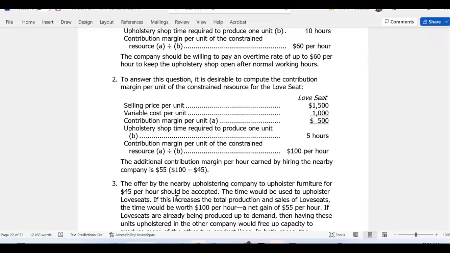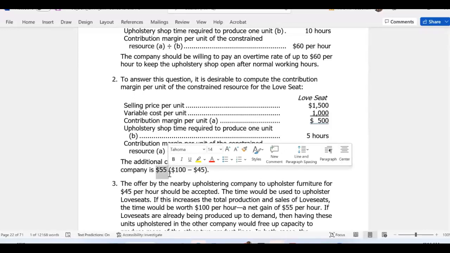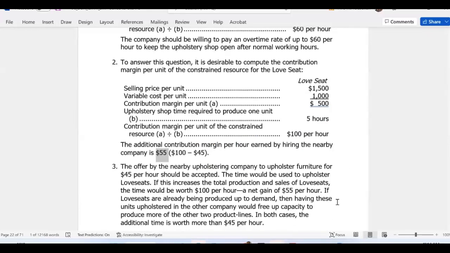If this increases the total production and sales of love seats, the time would be worth $100 per hour, right? And a net gain of $55 per hour will be the result right there. So we can let them do it, pay them 45, and we have still $55 left.